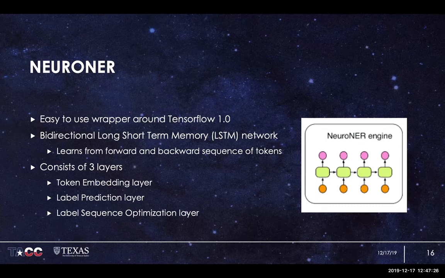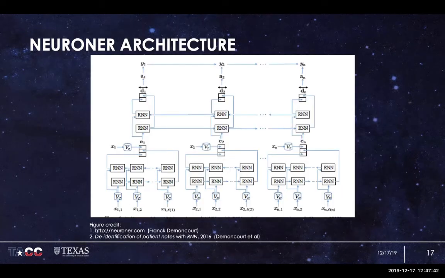We'll go over describing its architecture briefly. It consists of 3 layers: the token embedding layer, the label prediction layer, and the label sequence optimization layer. And so this is what the architecture looks like.